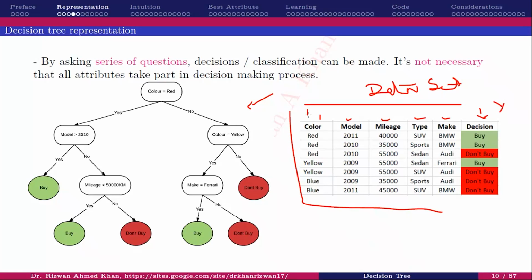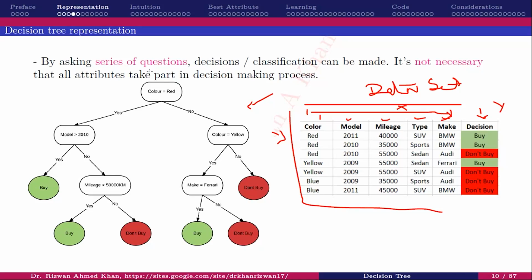These attributes are a feature vector x, and based on this feature vector we are trying to reach this decision y. We have two classes, so this is a binary class problem, buy and don't buy. And this tree actually represents this data set.